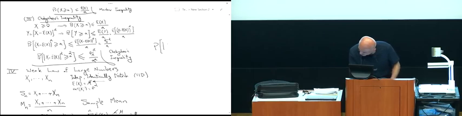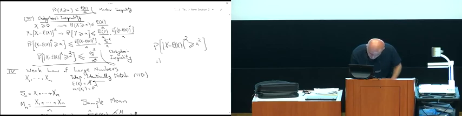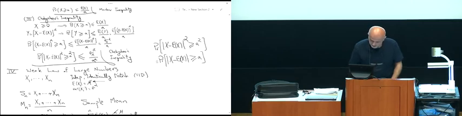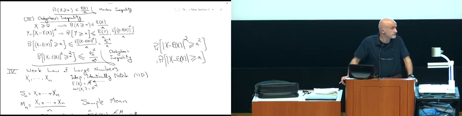I am interested in X being away from its mean in the squared sense by more than this, but this is the same as the probability that X is away from its mean in absolute terms. Do you agree that these two probabilities are equal? Are they equal?